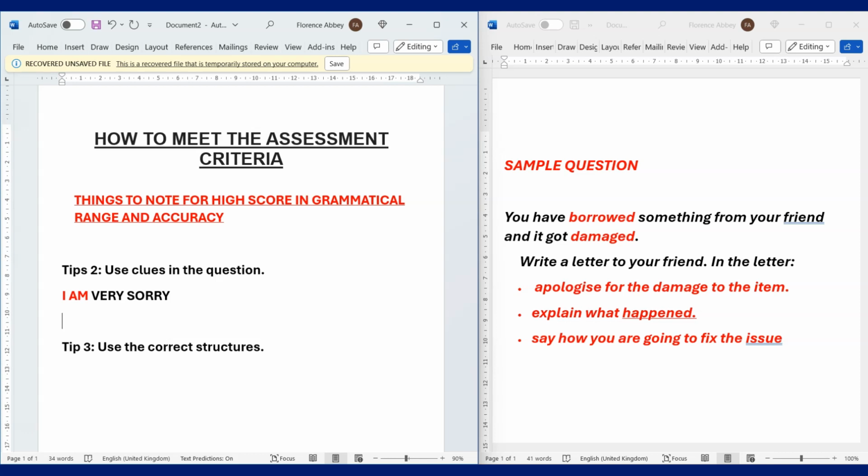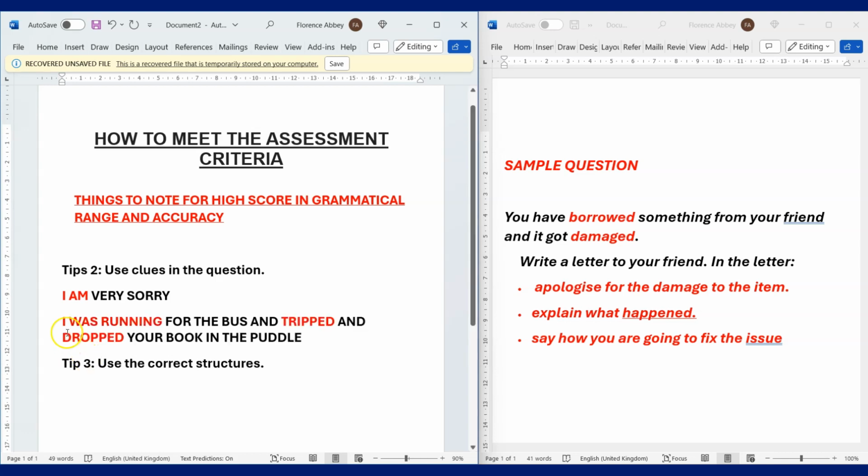You can say something like, I was running for the bus and tripped and dropped your book in the puddle. So maybe we borrowed a book from that friend. Since the second bullet point is in the past tense, I use the word I was.